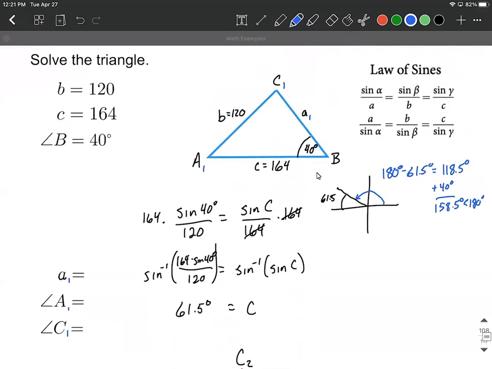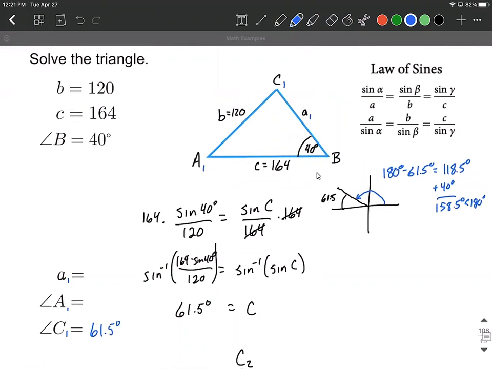For our first triangle, we're going to use 61.5 degrees for C, the acute angle in the first quadrant that was returned to us by the sine inverse. But whenever you apply a sine inverse, you have to be careful that you could get a second angle in the second quadrant that could also create a second triangle. So the sub ones are going to be this first triangle using the 61.5. The second triangle we'll do at the bottom there using sub twos.